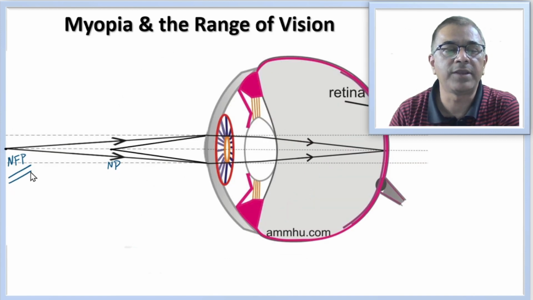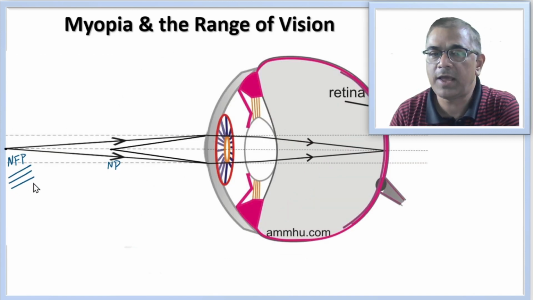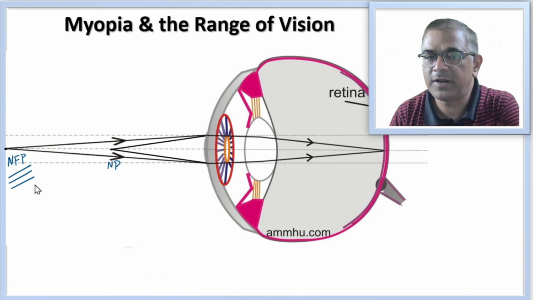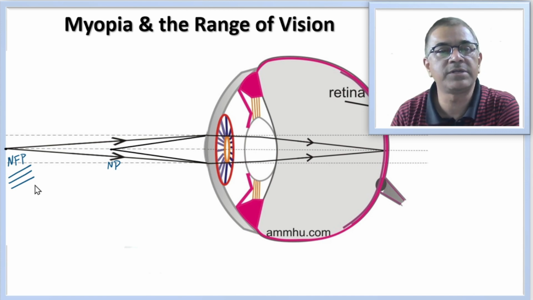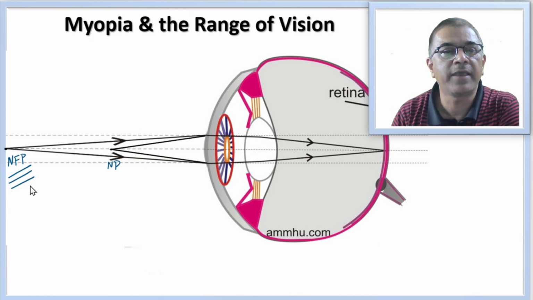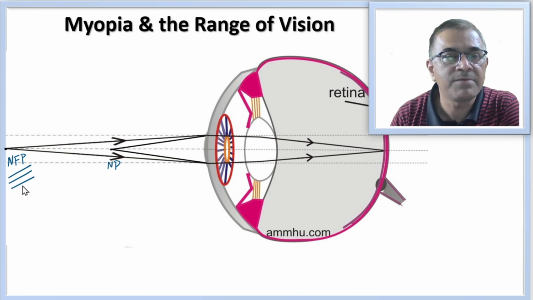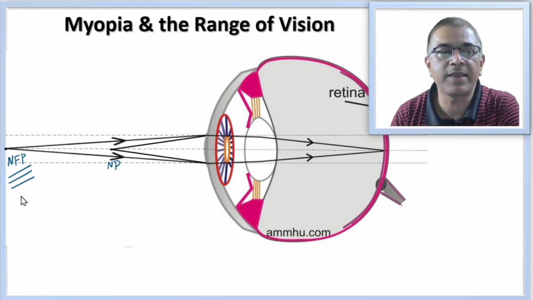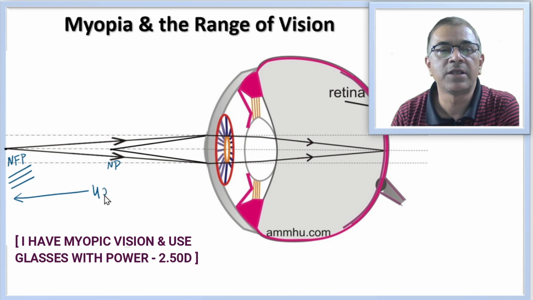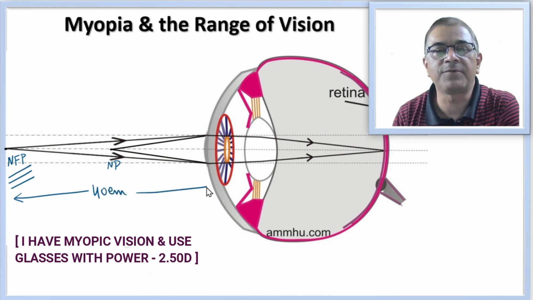the new far point. In the case of a normal eye, the far point was at infinity, but for the myopic person, the new far point is much closer. And it may be, for example, in my case, the new far point is 40 centimeter away from the eye.